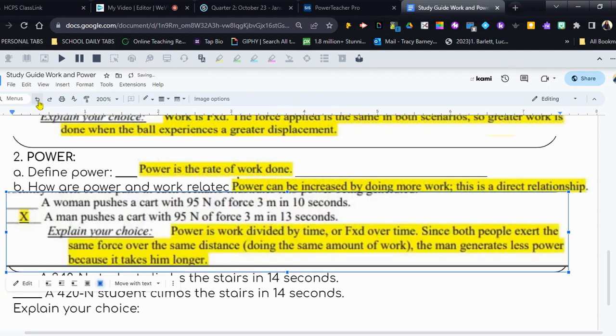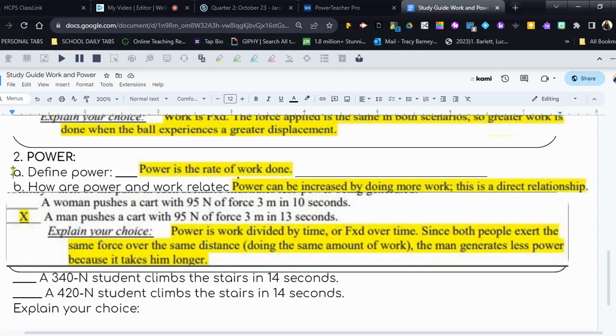The correct answer is the man, because remember, power is work divided by time, or force times distance over time. Since both people exert the same force over the same distance, meaning they're doing the same amount of work, the man generates less power because it takes him longer.